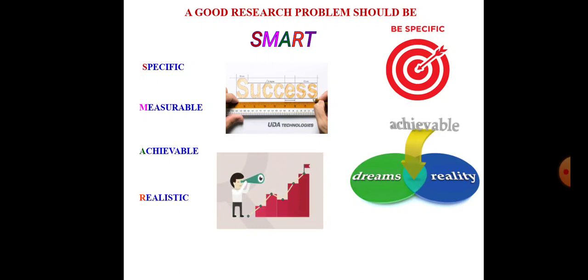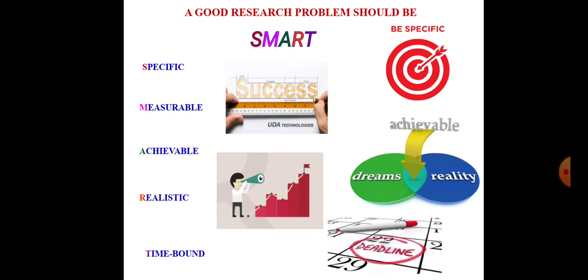This should be thematically and realistically achievable, and R represents realistic, the problem must be a realistic one, and T stands for time-bounded, that is, we have to complete the problem within the time.